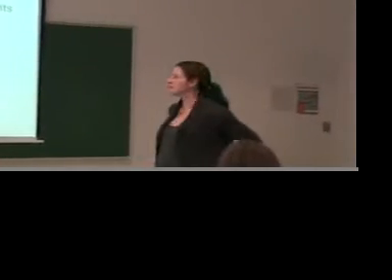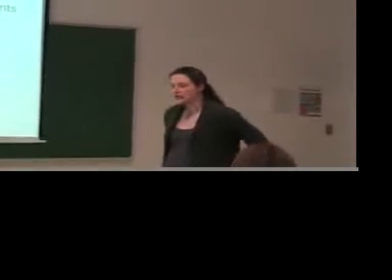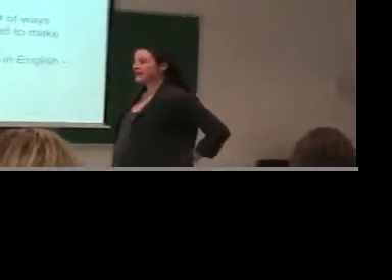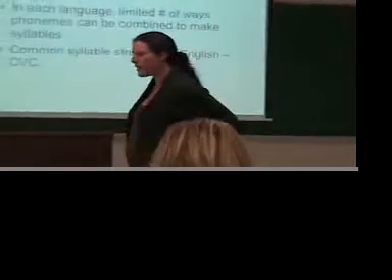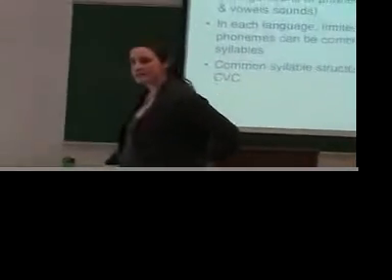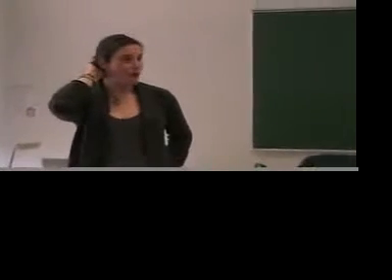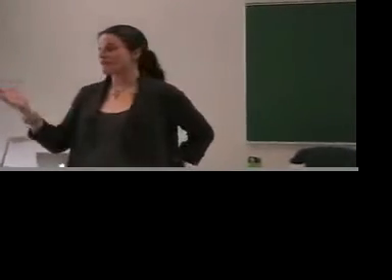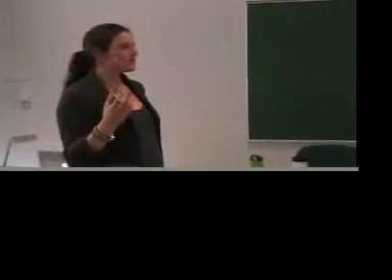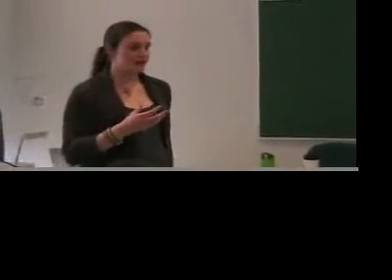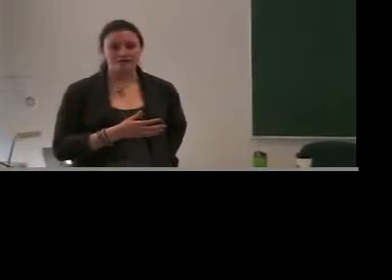So you have syllable structure, and I mentioned this earlier. It's how we configure or build phonemes together. And in each language, we have a limited number of ways in which we can put sounds together into syllables, right? What makes up the meat of a syllable? It's the vowel, right? So some syllables can just be a vowel. Other syllables have consonants attached to that vowel, either before or after.